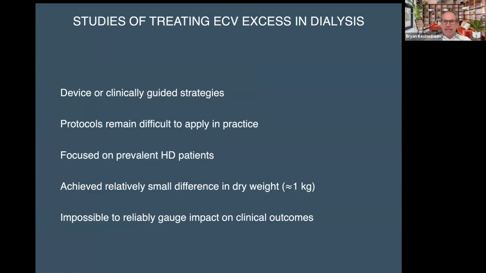None focused on incident dialysis patients. They really achieved small differences in dry weight at best, up to 1 kilogram difference, even in the best light. And it's really tough to say what their impact is of these interventions on outcomes that relate to how patients feel, function, or survive.